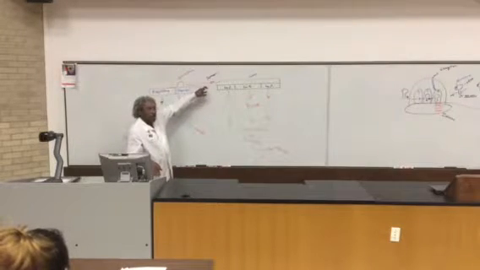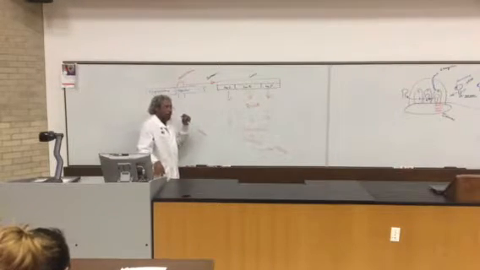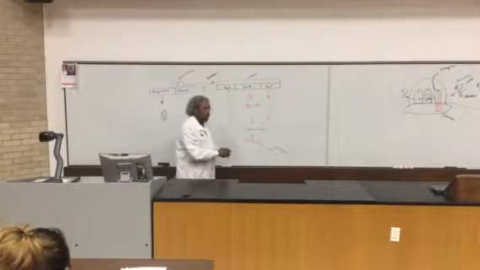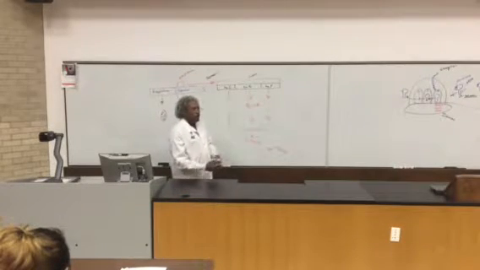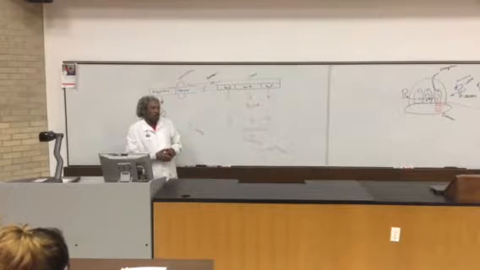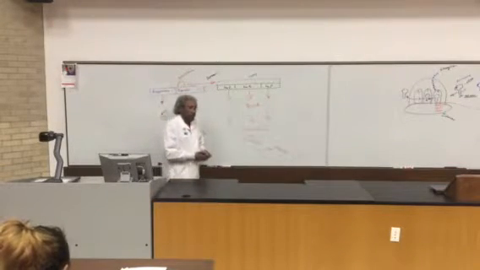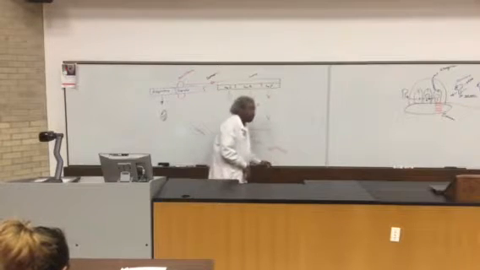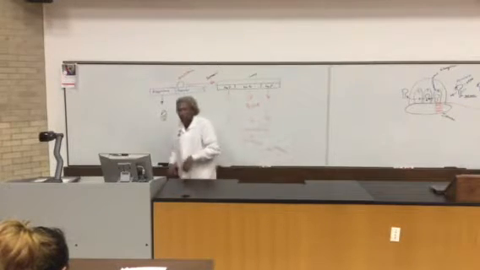The suppressor will jump on there, stop that from working, and it may go on to the next carbohydrate, which could be arabinose or some other type of carbohydrate that it could use, or it may die because there's no more food in this environment.